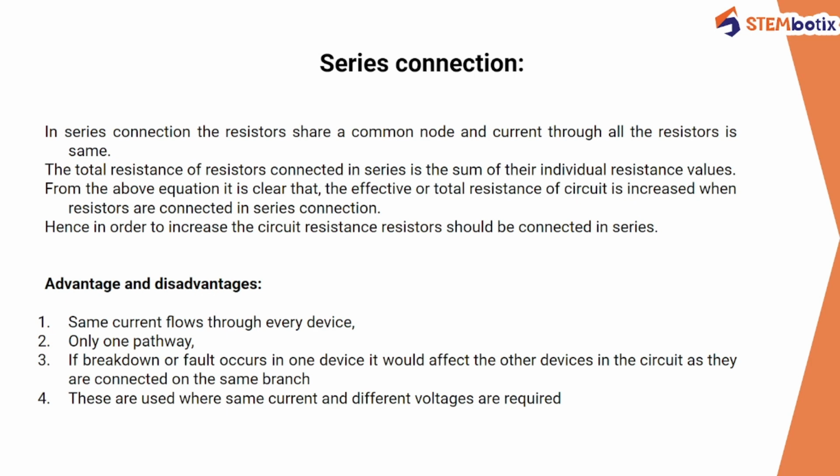The total resistance of resistors connected in series is the sum of their individual resistance values. From the above equation, it is clear that the effective or total resistance of the circuit is increased when n number of resistors are connected in series.